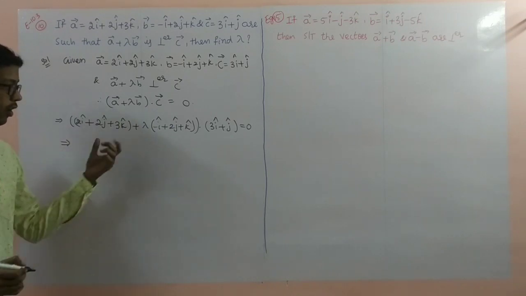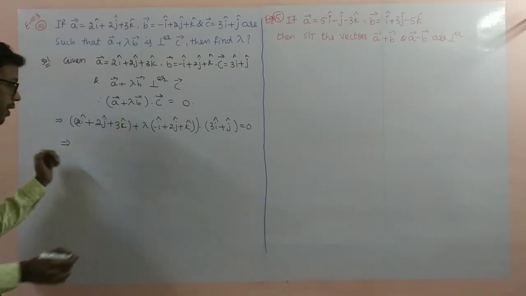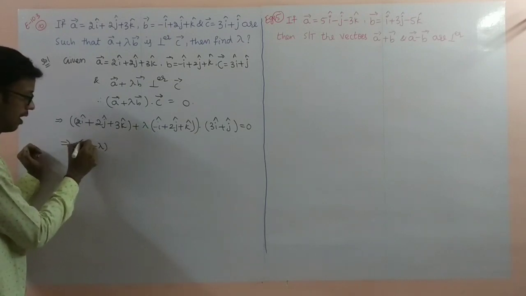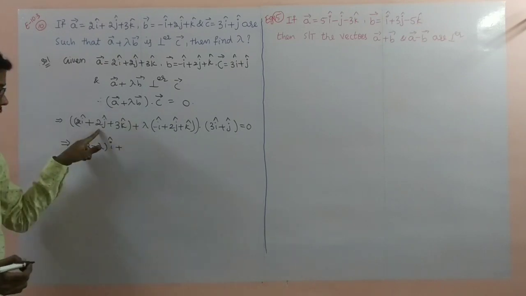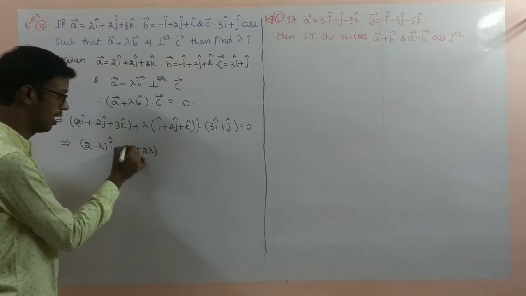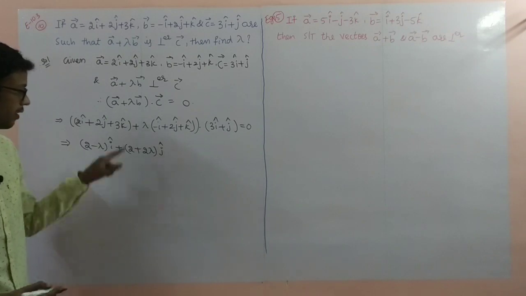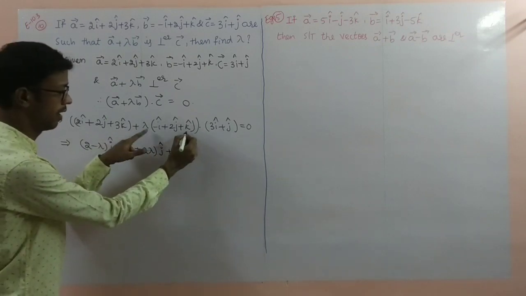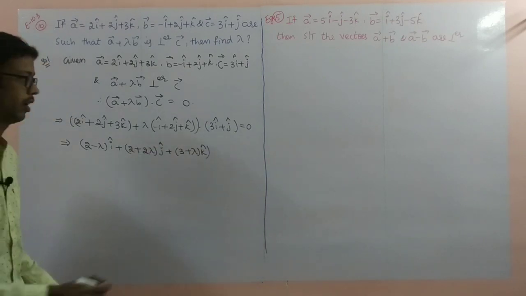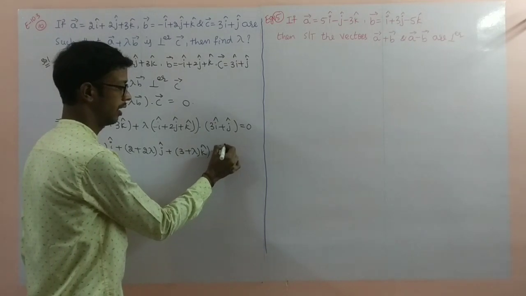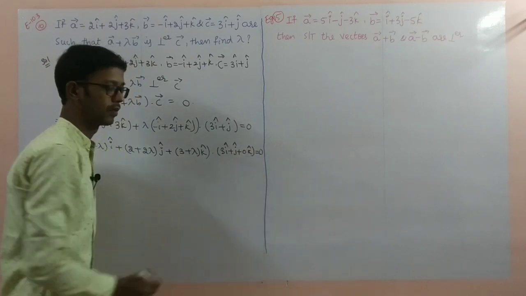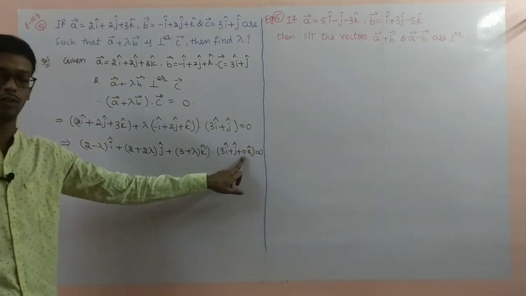Before the dot product, we have to simplify the bracket first: 2i cap minus lambda i cap gives 2 minus lambda i cap, plus 2 plus 2 lambda j cap, plus 3 plus lambda k cap. Dot product with 3i cap plus j cap, where nothing is there for k cap, so 0 k cap.